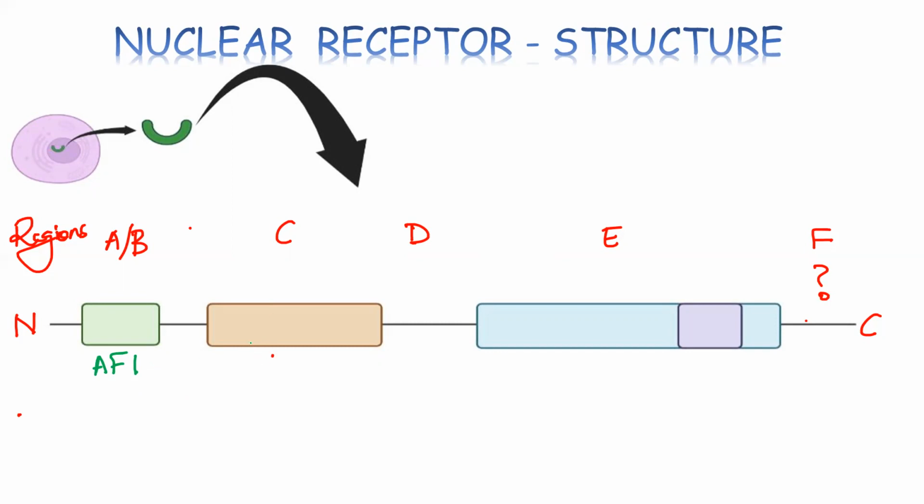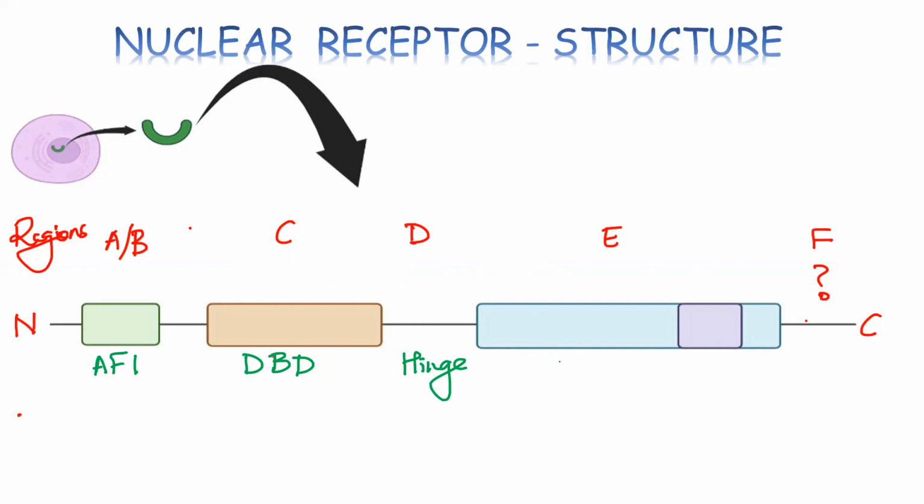The C region is generally called DBD, that is DNA binding domain. This portion of the receptor is going to bind to the regulatory gene. The D region, on the other hand, is called the hinge region, and not much has been discovered about this part.